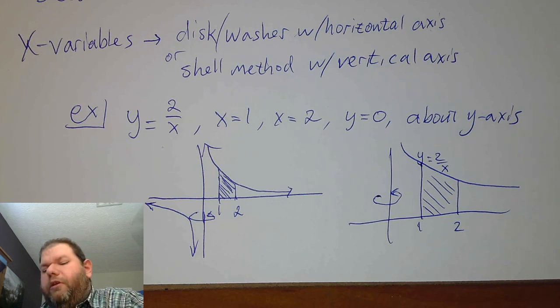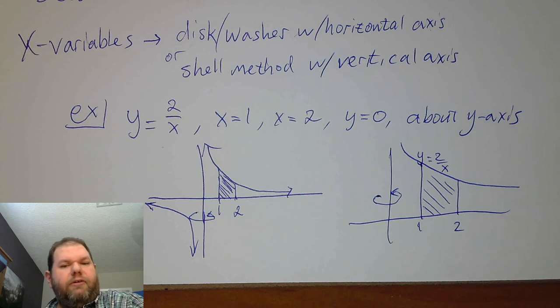Now, with a disc or washer method, we focus on what are the radii, or the two different radius that we use to revolve this graph around this y-axis. But with the shell method, it's actually a completely different approach. We're no longer looking at it in terms of discs or washers. We're no longer looking at circles. Well, technically, we're still looking at circles, but in a different direction, I guess.